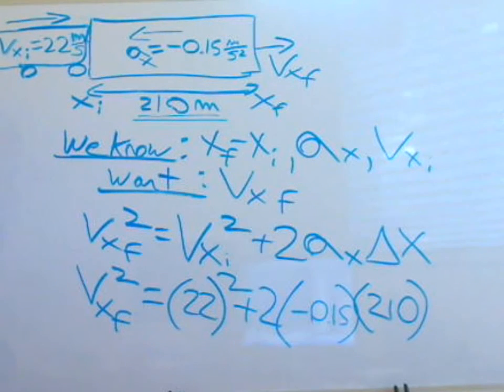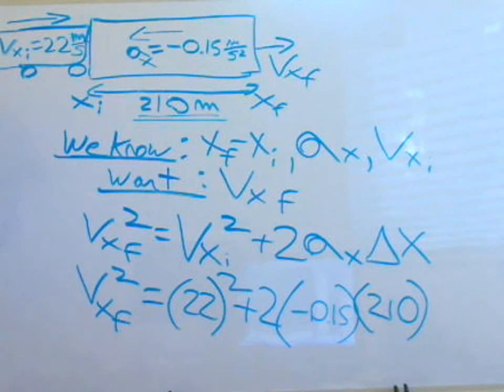Okay? So when you do this calculation on your calculator, we do 22 squared, then we do this operation plus 2 times negative 0.15 times 210. We get the number 421, but that's the final velocity squared.